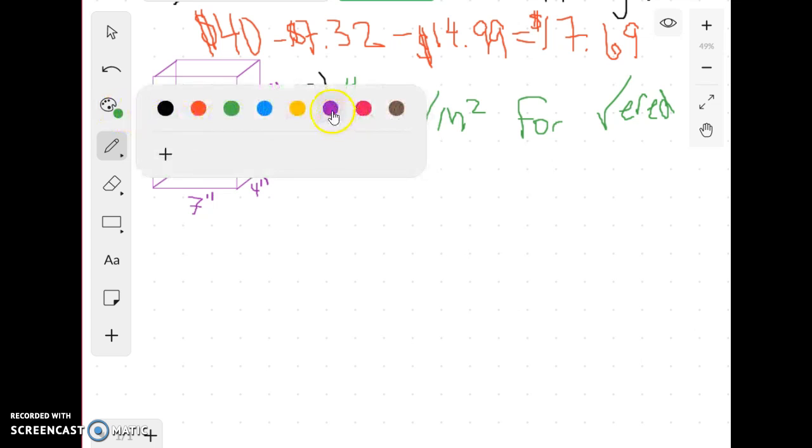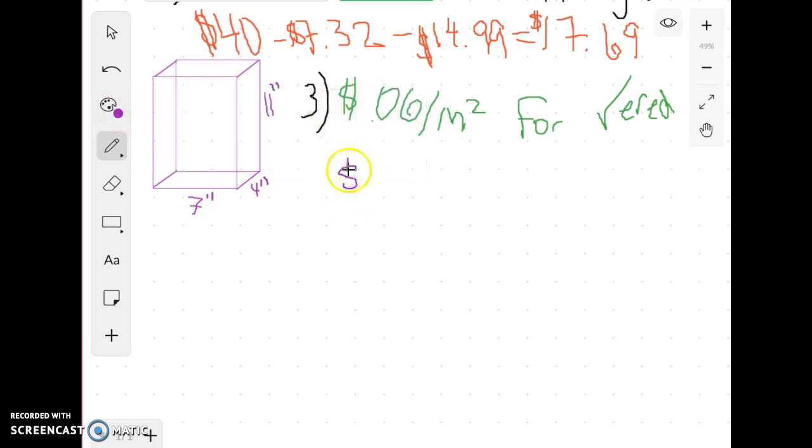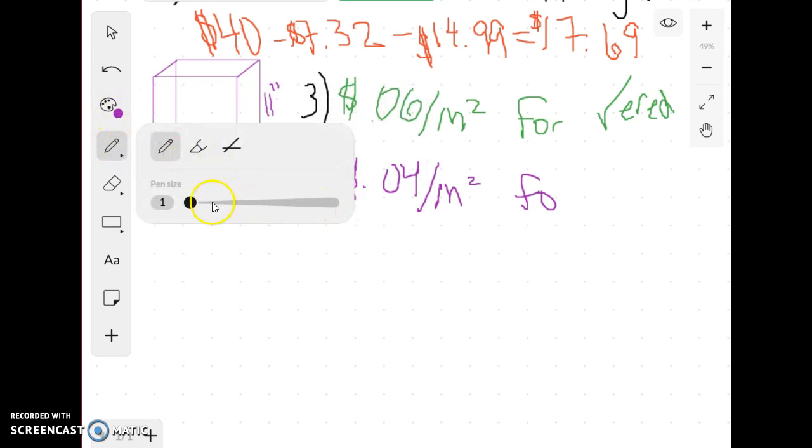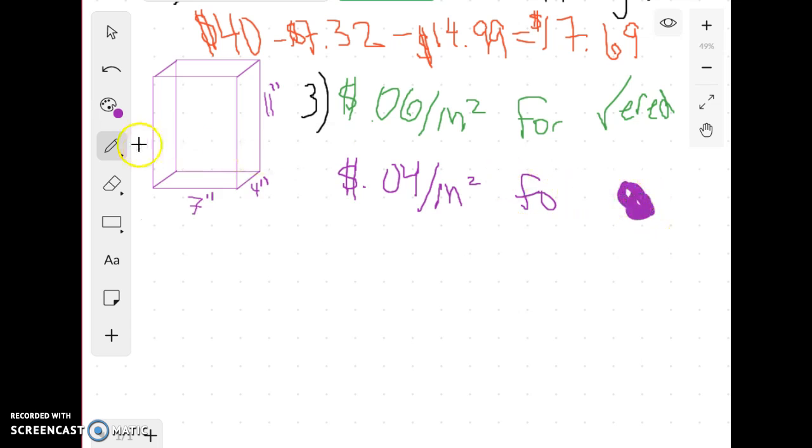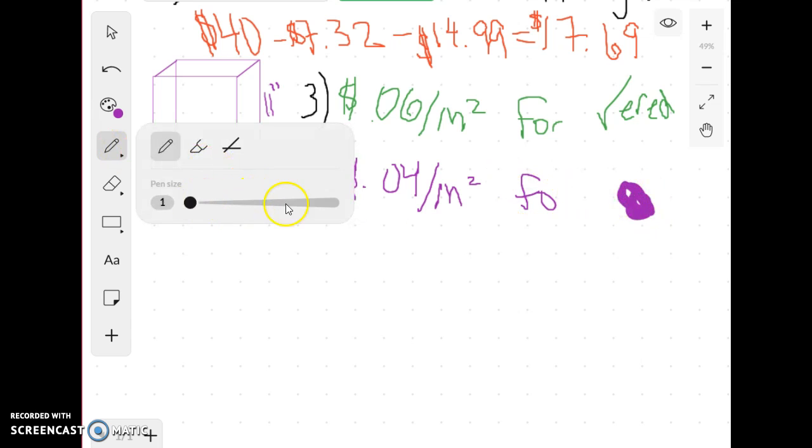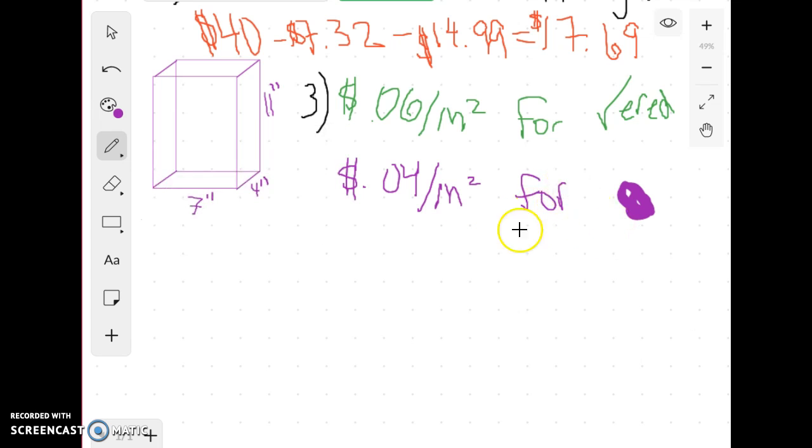And then if we look at purple, that is 0.04, or 0.4 cents per square inch for purple. And that's supposed to be a 4, not a 0. Okay, so we know this, and then we also know our dimensions, which are written right here.